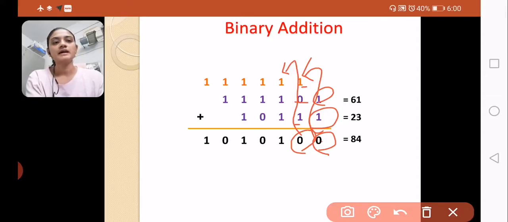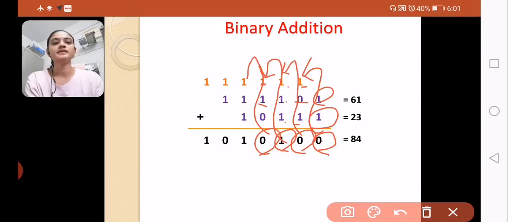Okay. Now three 1s are there, so its sum will be 1 and carry will be 1, that is forwarded here. Next 1 plus 1, that will give sum as 0 and carry will be forwarded here.